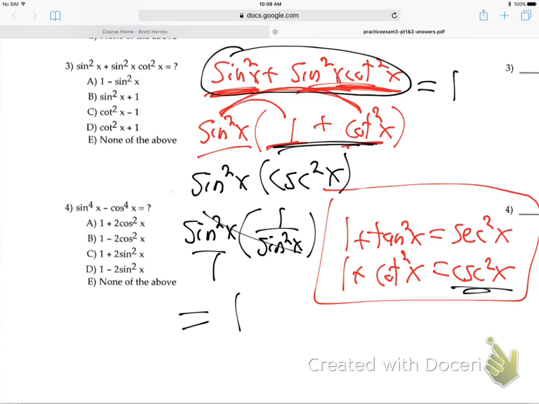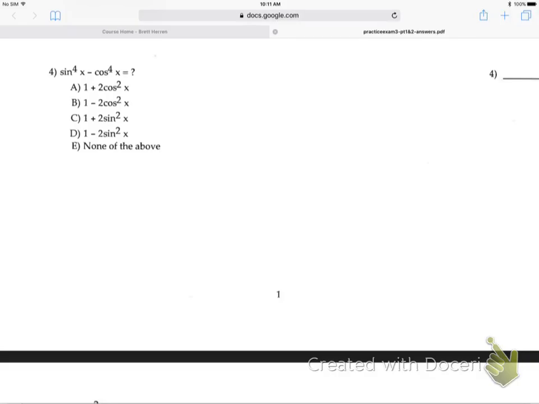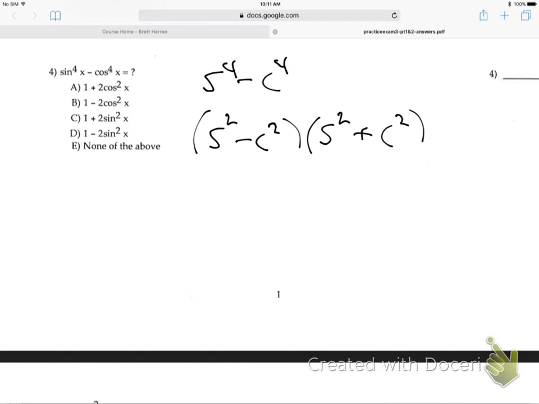All right, let's go on to number 4. Okay, so I'm just going to abbreviate. Sine to the 4th minus cosine to the 4th. What's that? That needs to be factored. Do you remember factoring? We're hitting on a lot of algebra skills here. Sine squared minus cosine squared, sine squared plus cosine squared.